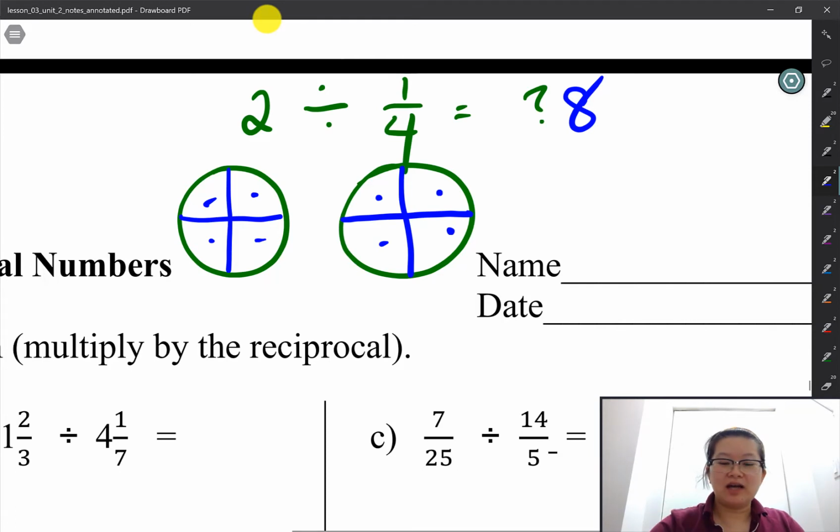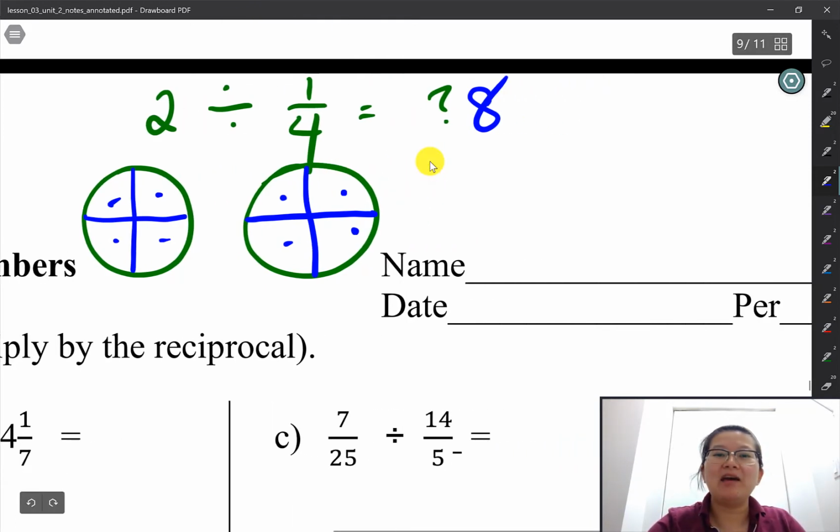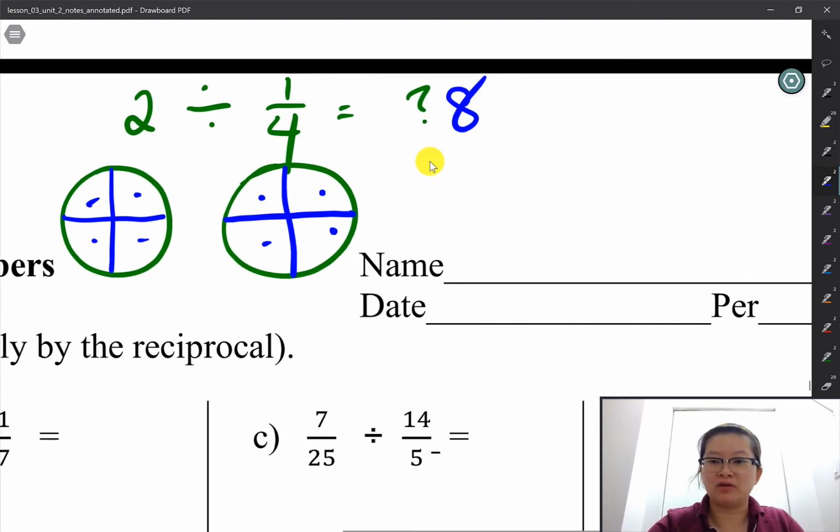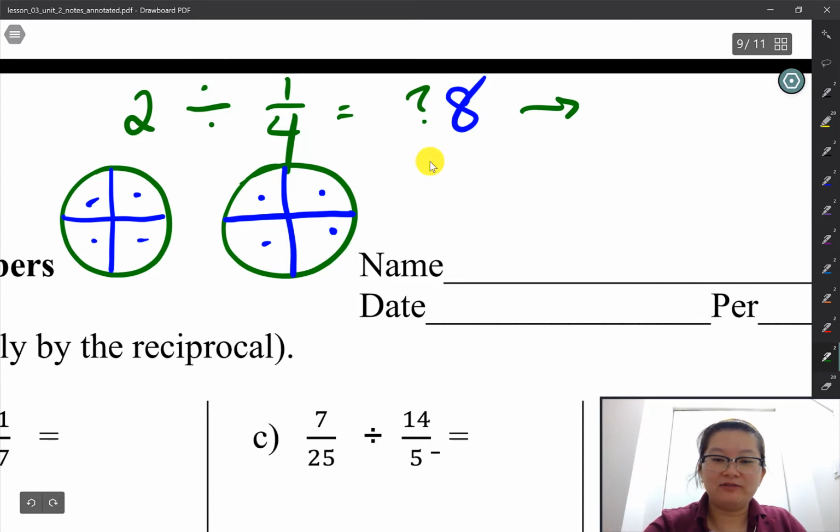So how am I able to represent this as a multiplication by the reciprocal? Let's say I flip it. I'm going to get 2, and flipping the division, I get a multiply, and flipping my 1 over 4 gives me 4. I get 2 times 4, which is exactly 8.